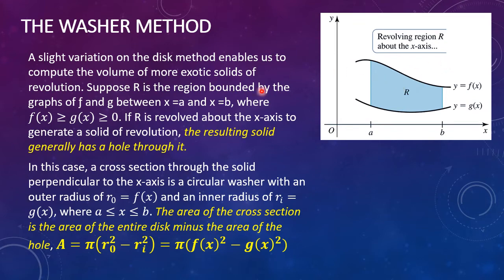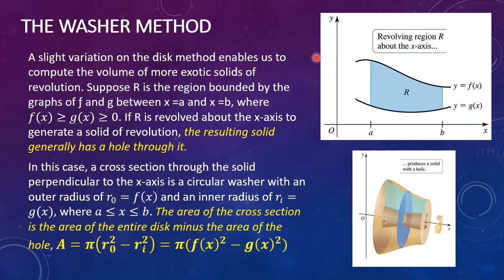If R is revolved around the x-axis to generate a solid of revolution, the resulting solid generally has a hole in it, and you can see that here in the core of that around the x-axis. And that's the distance right here between g of x and the x-axis. There's nothing there. It's a hollowed out part.